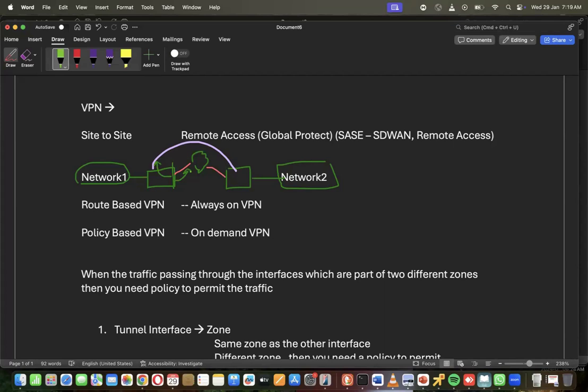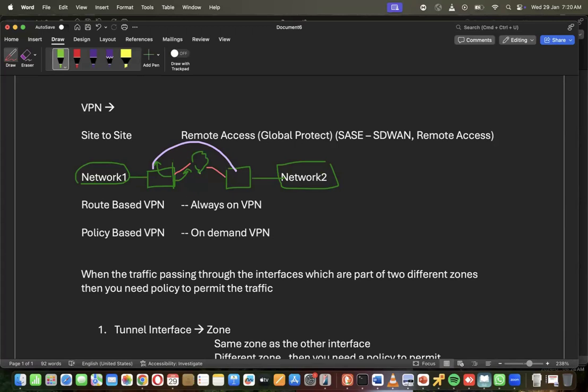That classification is what we call proxy ID. Identify the traffic which needs to be sent through the tunnel so that protection can be given, and identify the traffic which can be sent to the internet as it is, so that users can access the internet as well as the resources available on the other network.